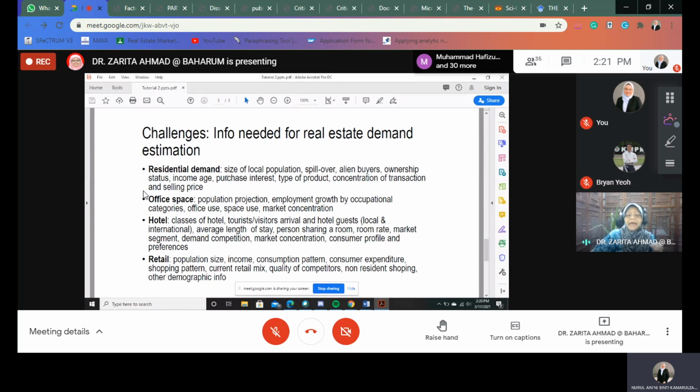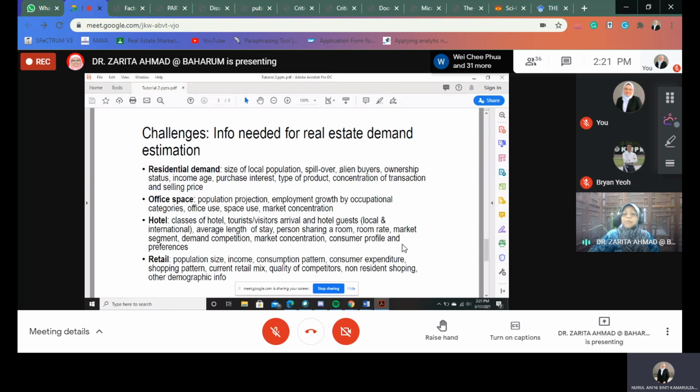To estimate the demand for residential, you need the size of the local population. Then you are looking at the spillover, not just that particular area. Or maybe there are cases where you will have alien buyers.